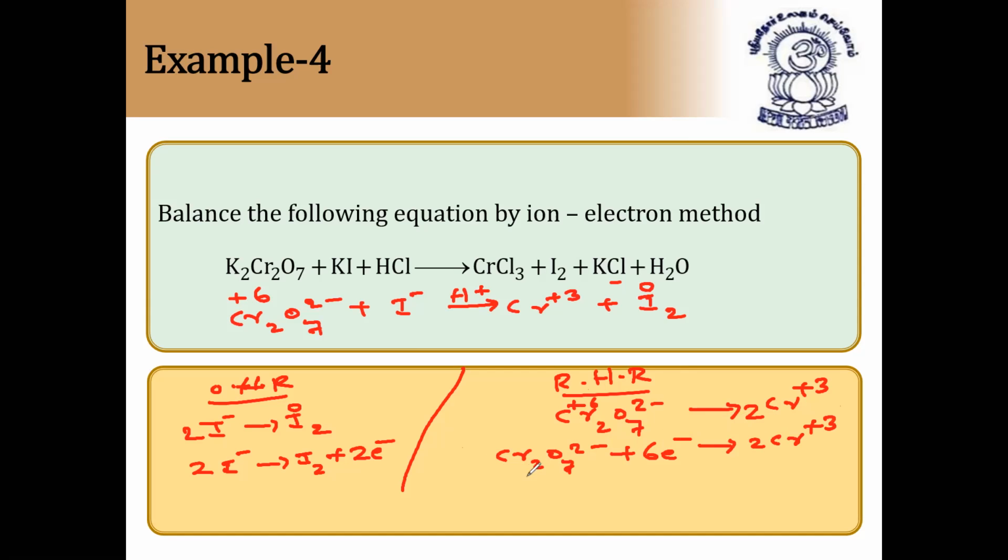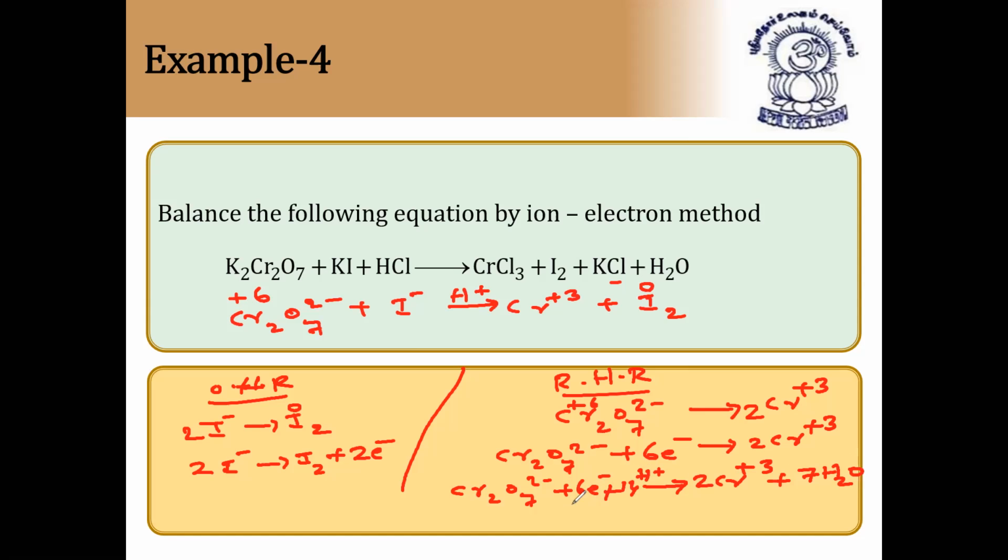Now, to the side deficient in oxygen, add an equal number of water molecules. So this becomes Cr2O7 2 minus plus 6 electrons gives rise to, here I'm keeping the gap. Why we have kept the gap, I'll tell you. How many water molecules do we have to add? 7 water molecules. And as we are adding 7 water molecules, we have to add 14 H plus.